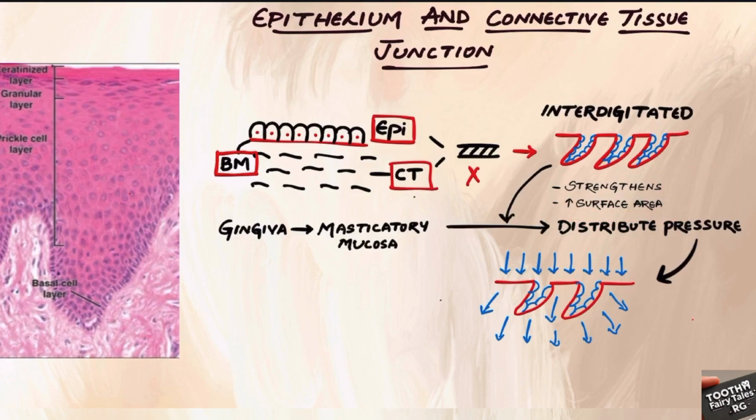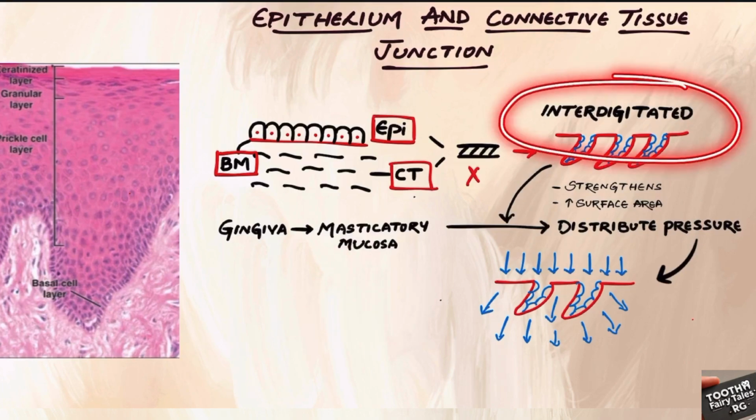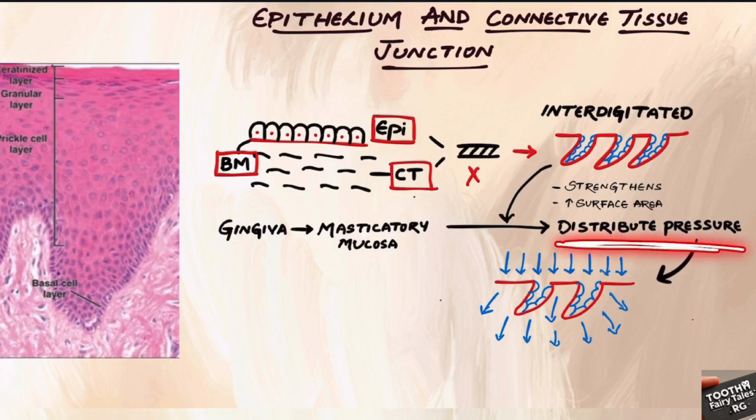The basement membrane acts like a key attachment layer holding the epithelium and the connective tissue together. Since gingiva is a part of masticatory mucosa, it faces the significant pressure from chewing. So this strong interdigitation connection helps to distribute the pressure and prevent the damage.